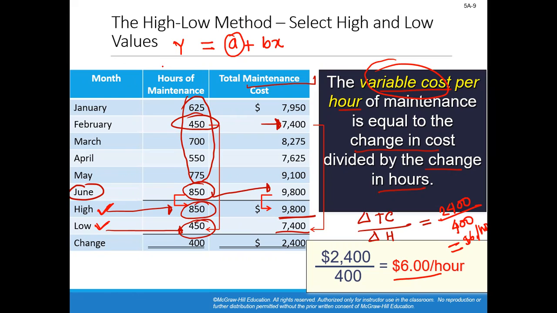So let's use the high point, the 9,800. We do not know A. We know that B is equal to 6, X equal to 850. So what should be the fixed cost? What do you think? Find out.